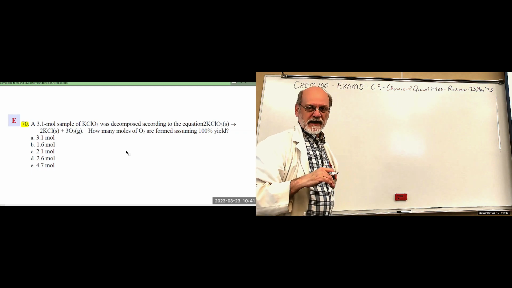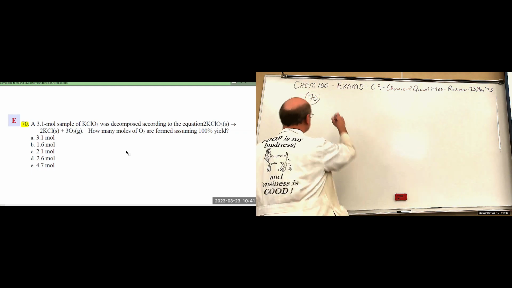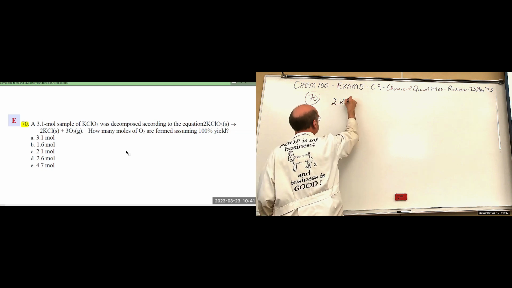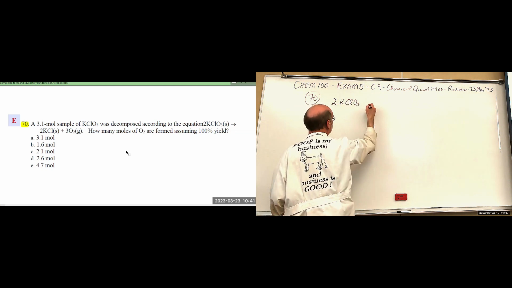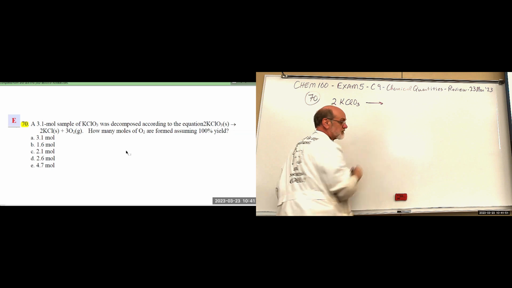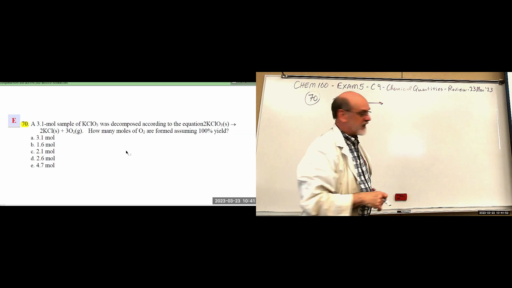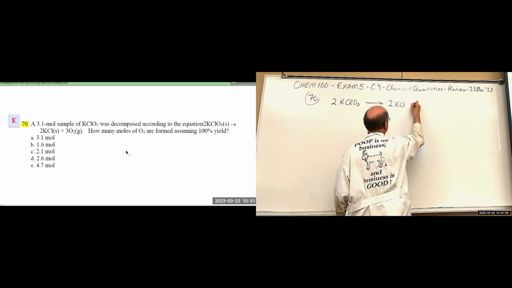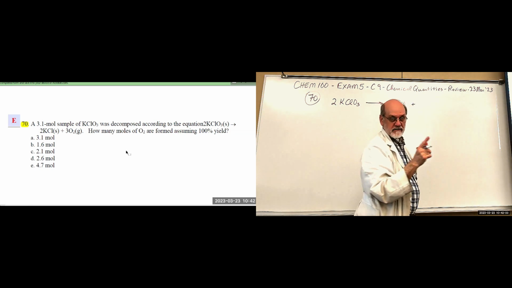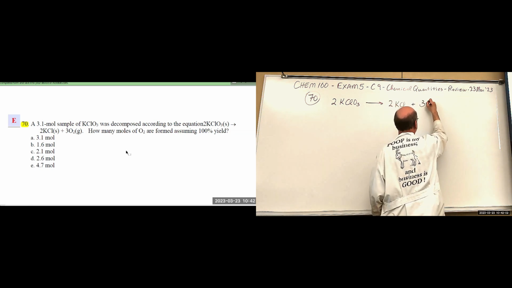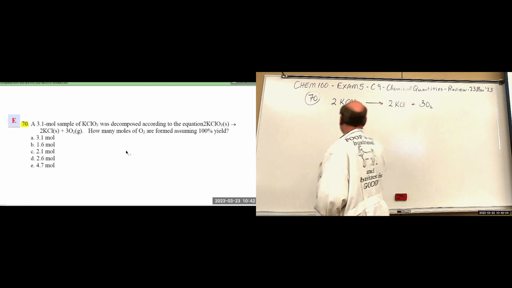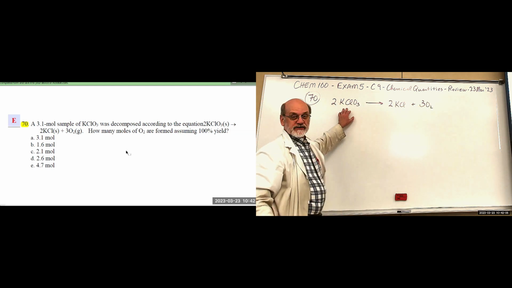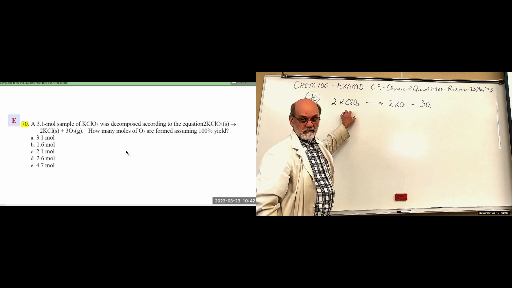Okay, let's write the equation. 2 KClO3 decomposes, correct, into potassium chloride plus oxygen. Yes, 3 oxygens. Okay. This will go into solution, right, readily.